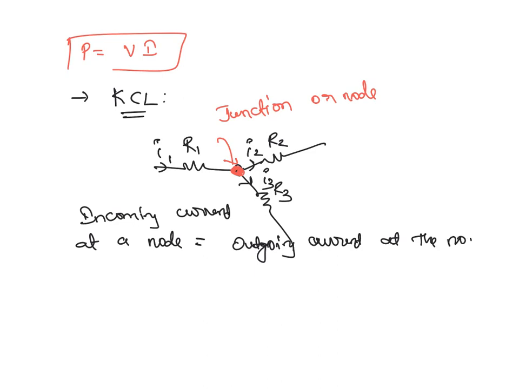At the node, I1 must be equal to I2 plus I3. So this is how you use Kirchhoff's current law.